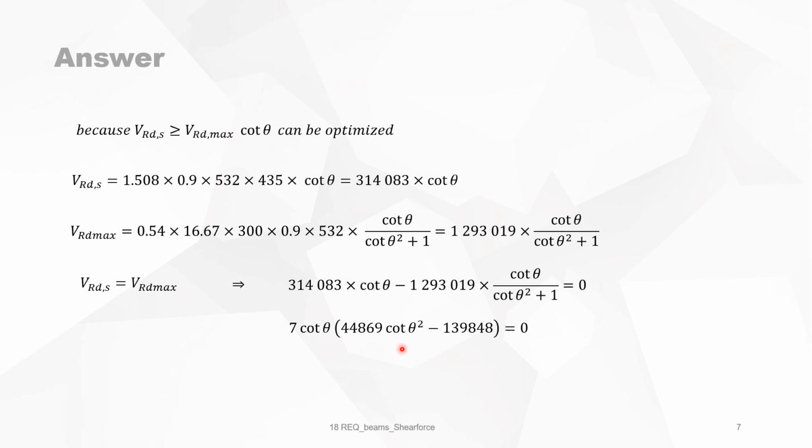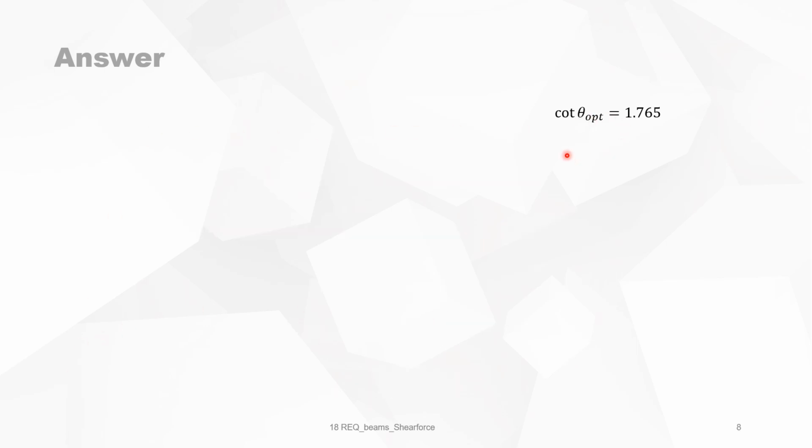So cotangent theta here, from this equation, is then equal to 1.765, which is of course smaller than 2. So you have a larger angle, which makes the stress in the compression strut less. So the optimum value of cotangent theta is 1.765.